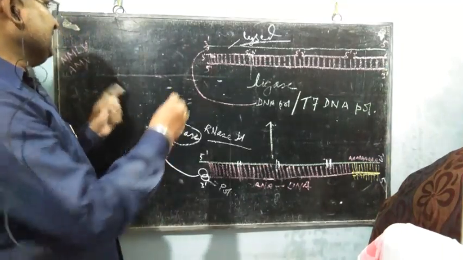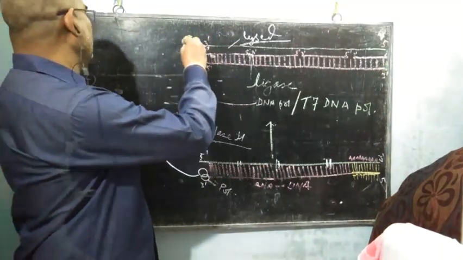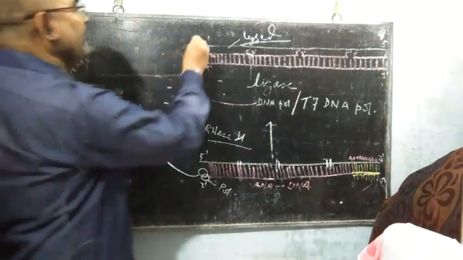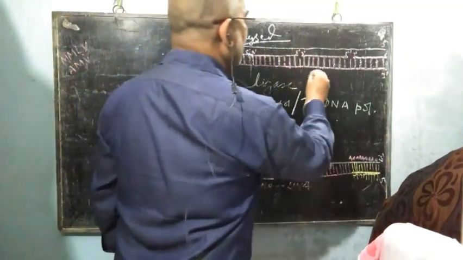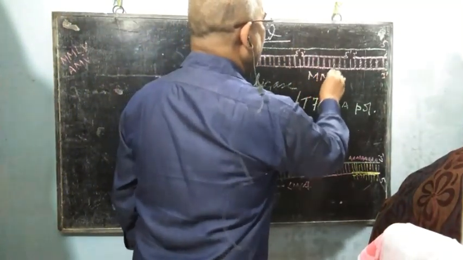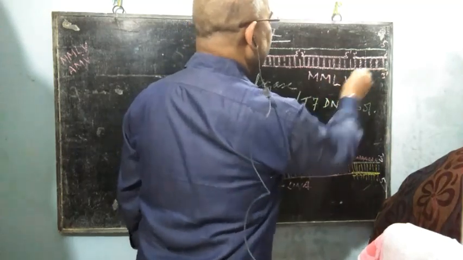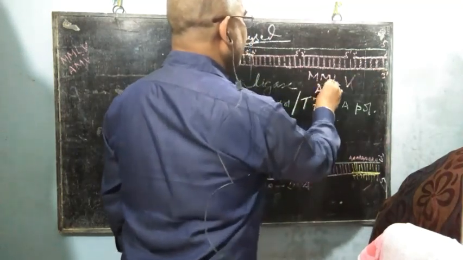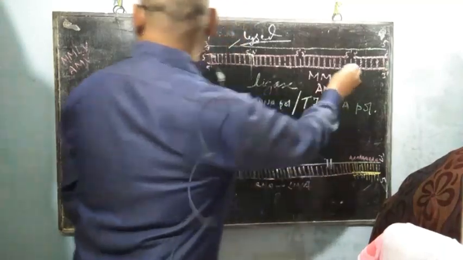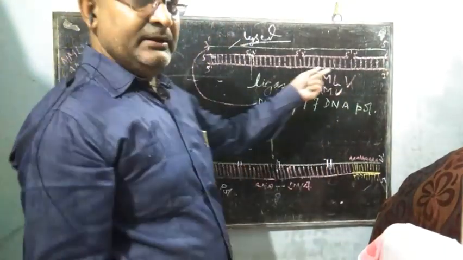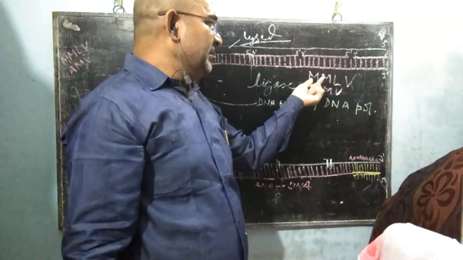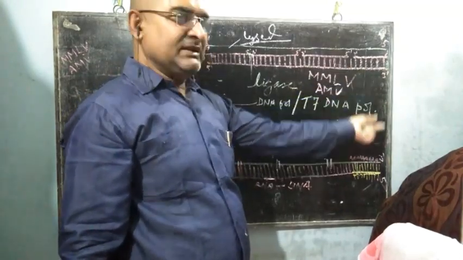The reverse transcriptase we obtained from the two sources mentioned here, MMLV reverse transcriptase and AMV reverse transcriptase. MMLV is Moloney murine leukemia virus and AMV is avian myeloblastosis virus reverse transcriptase.